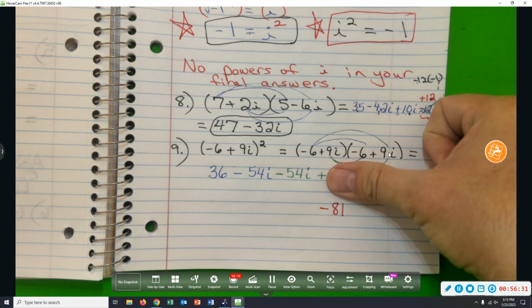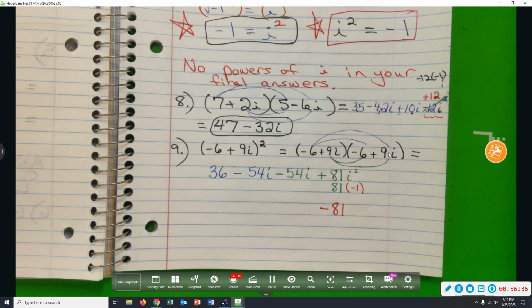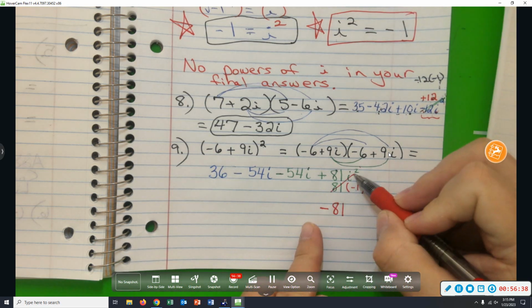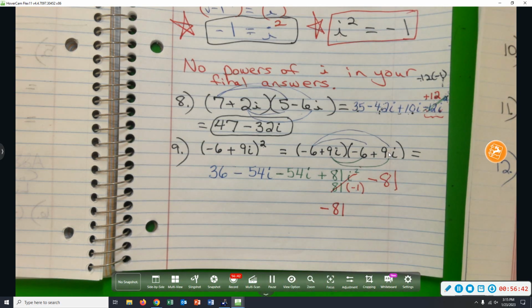So all of this here, the 81i squared, is just a negative 81. Replace all of that with negative 81.